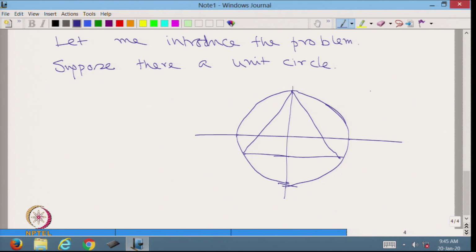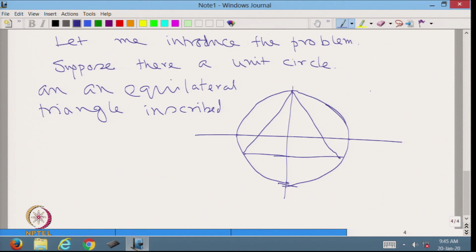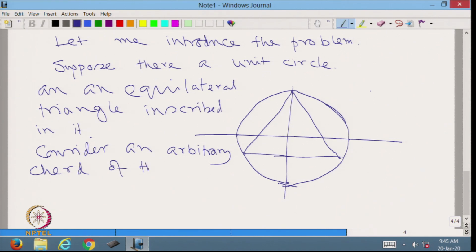Consider an arbitrary chord of the circle.